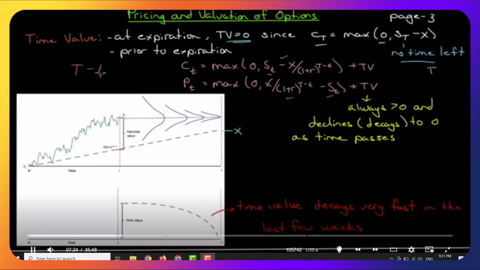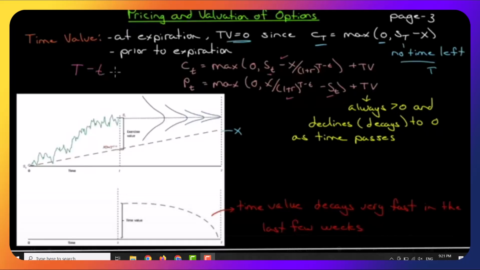There is T minus T time left. So there's going to be some extra value above the exercise value in the price of the call and in the price of the put. We call that time value.